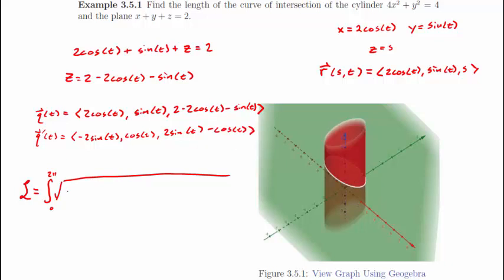So we square all of these, we get 4 sine squared of t plus cosine squared of t plus this has to FOIL out, so we're going to get 4 sine squared of t minus 4 sine of t cosine of t. This is screaming double angle at me, plus cosine squared of t.